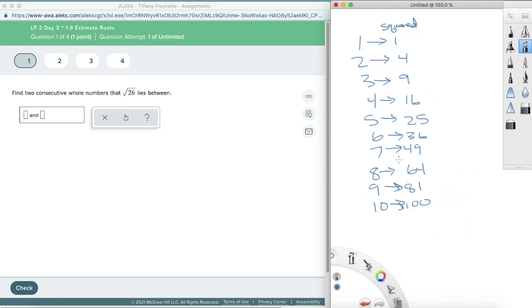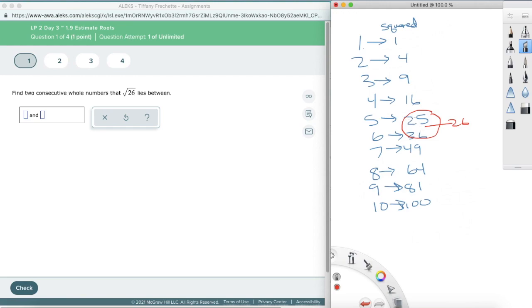Okay, so now when we're estimating, because 26 is not one of these numbers, but 25 is really close, and then 36 would be the next one. So these are the 2 that it lies between for 26. It's much closer to 25, but it lies between 25 and 36.